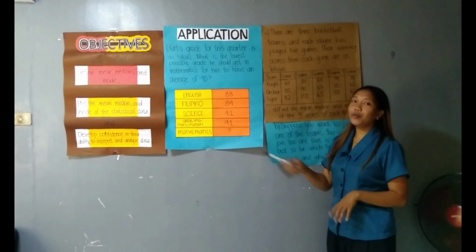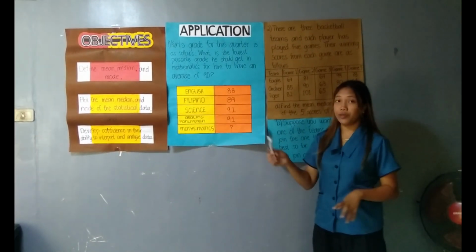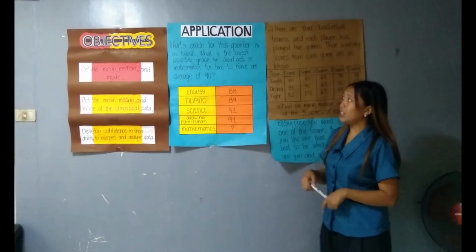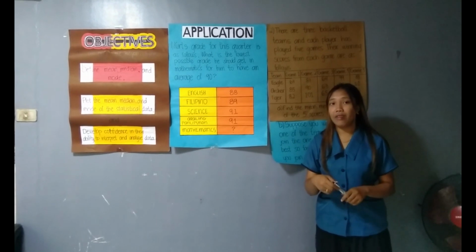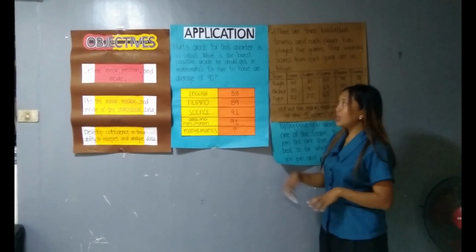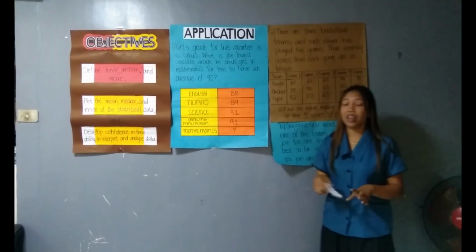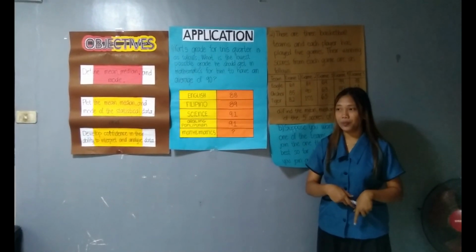So, for the problem number 1, Kurt's grade for this quarter is as follows. What is the lowest possible grade he should get in mathematics for him to have an average score of 90? So, what's the possible number nga pwede niya makuha sa mathematics para maka-grade siya average score na 90? Anyone?